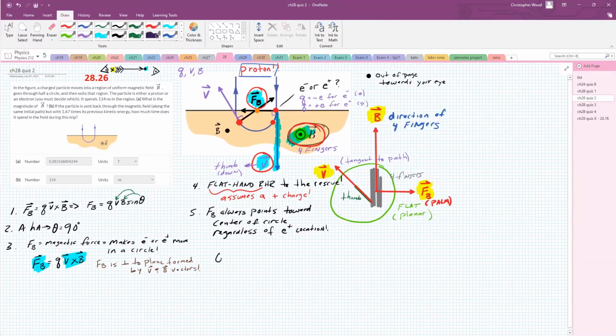Number 6. F sub B equals QVB sine theta. So again, here's the cross product version, here's the magnitude angle version. I'm using the magnitude angle version. And you know what? This magnetic force is the centripetal force, equals mv squared over r.